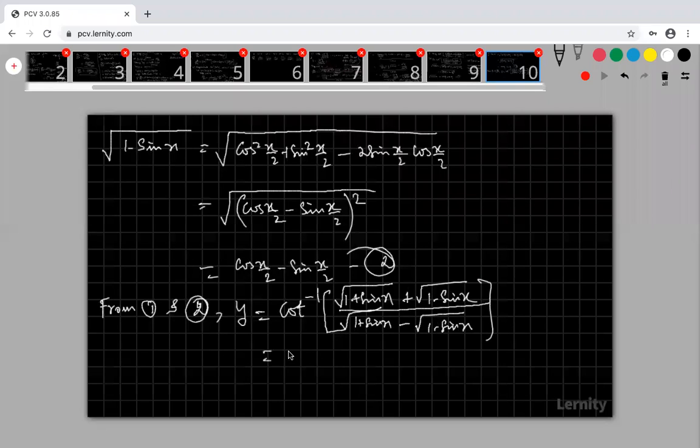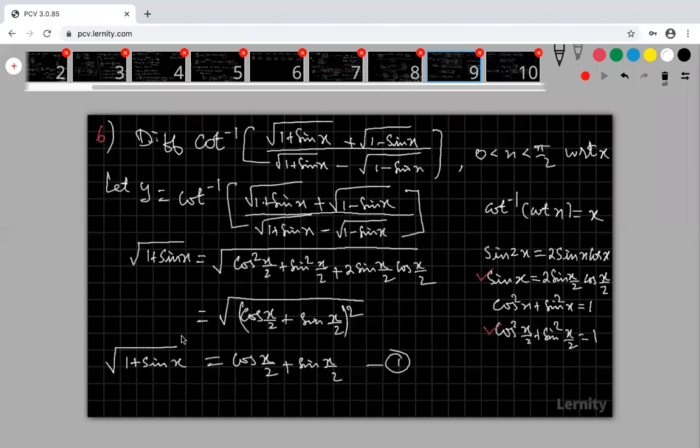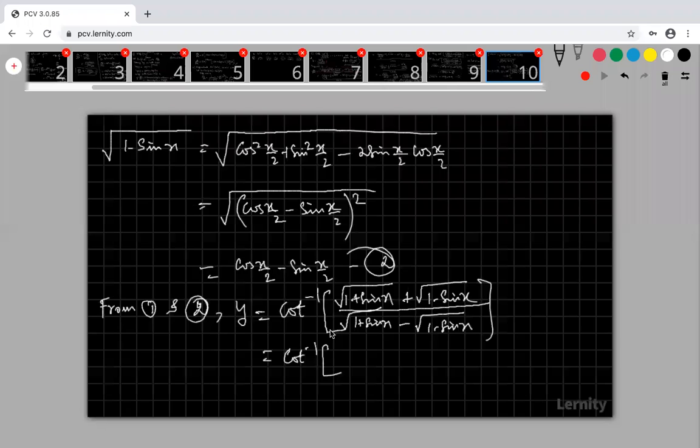Now apply the values. Cot inverse of, what is my root of 1 plus sin x value? Root of 1 plus sin x is nothing but cos x by 2 plus sin x by 2, plus root of 1 minus sin x, which is cos x by 2 minus sin x by 2.